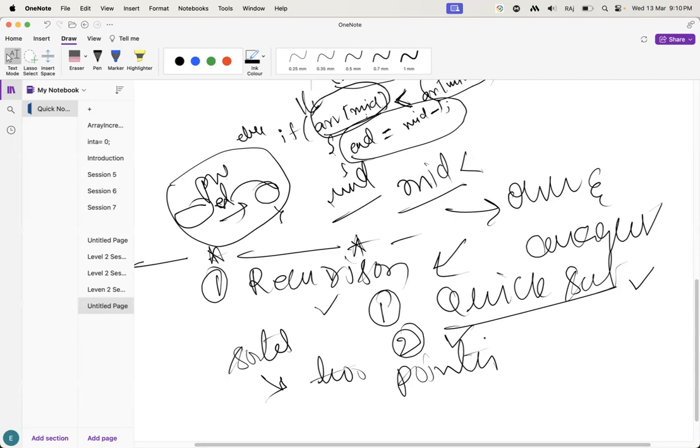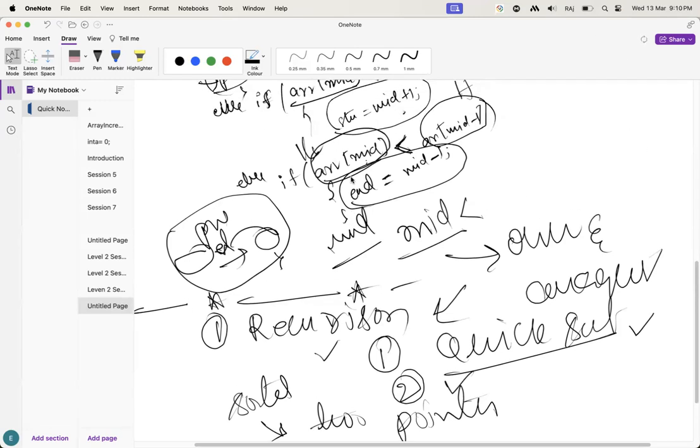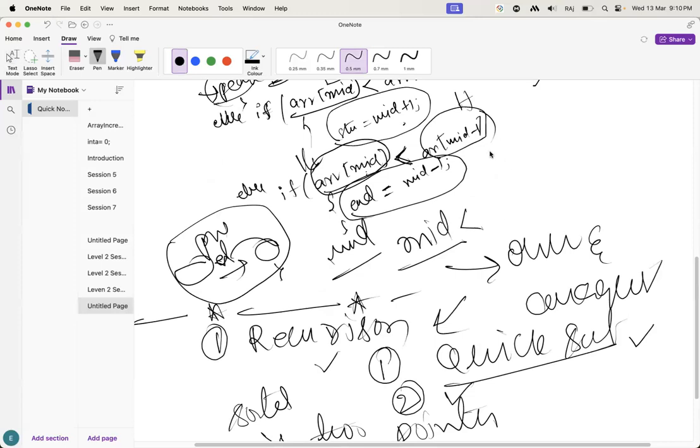What does it mean, guys? Every time you are going to halve the array, right? When we find the element mid, what does it mean? We have already searched up to mid. We are doing it two ways, either mid plus 1 as the start or mid minus 1 as the end.